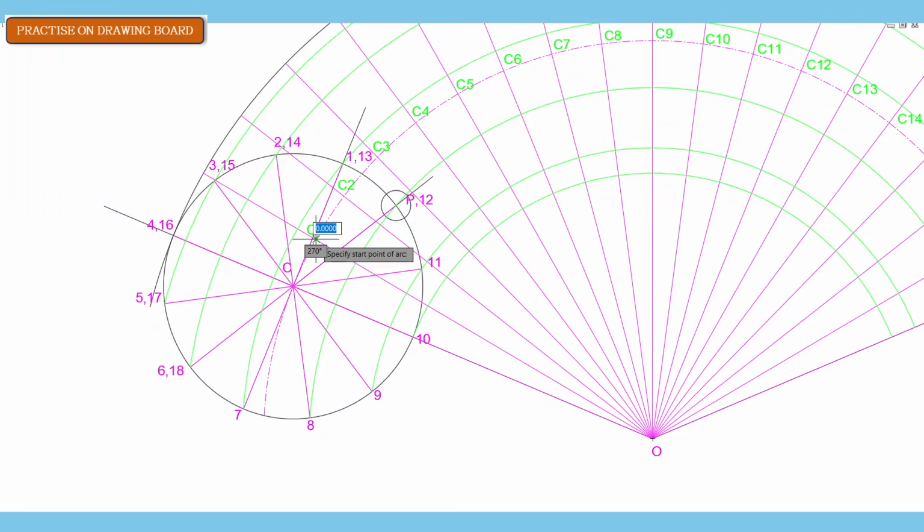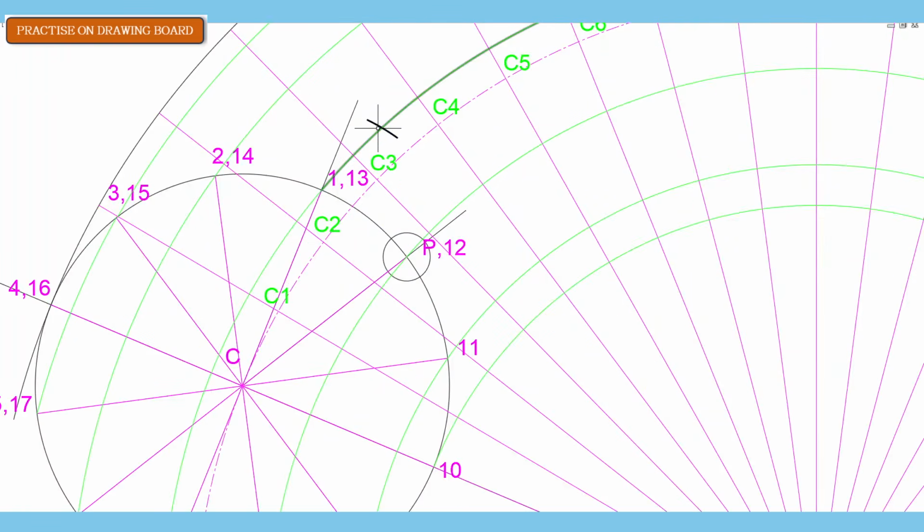What you are looking for is the 1/7 divisional line, which is this one right here. Now the radius CP is 40, and then we can describe an arc on the 1/7 divisional line like this. And this is going to be the position of the point P when we move to center 1. So we can label this as P1.